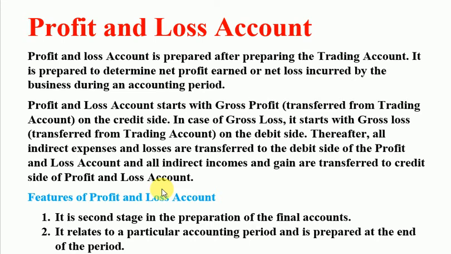Other than factory or manufacturing expenses, like selling and distribution expenses, administrative expenses, office expenses, these are the indirect expenses. And any income related to administrative, selling or office, any office related incomes, is known as indirect income. Whatever the indirect income and indirect expenses, they will be recorded in your profit and loss account.